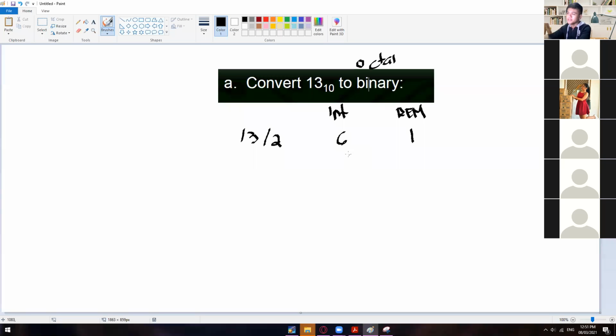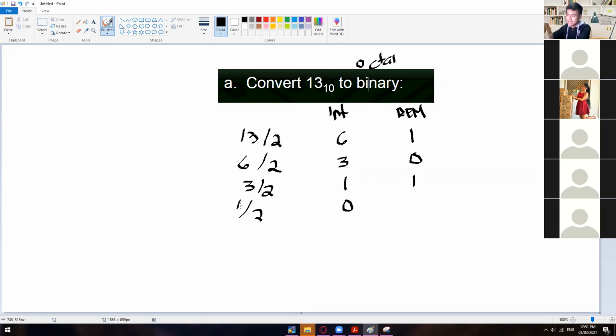Okay, and then the next thing that you need to do is copy the integer value that you have here. So 6 divided by 2 is 3, remainder 0. Then just copy this one. 3 divided by 2 is 1, remainder 1. And then just copy this one again. So 1 divided by 2 cannot be, so just put here 0.